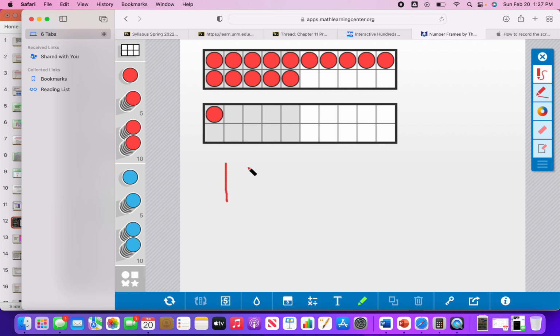So if you want to do, let's say like 16 plus 11, students can come up and fill out the 10 frames and then go ahead and write their answer on the board. I know my students like to come up and do stuff on the smart board, so I thought this was really cool.